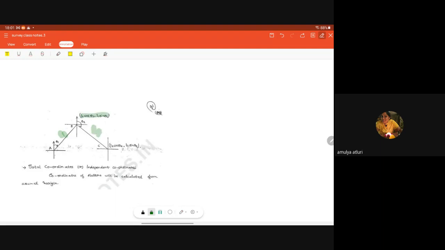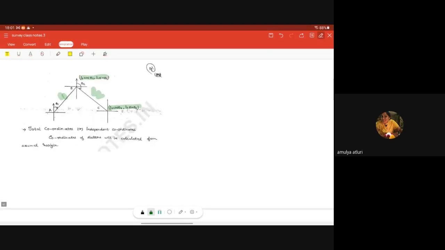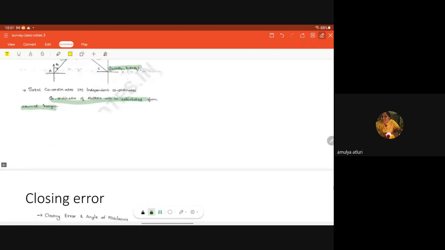If the length is L2, L2 cos theta 2, L2 sin theta 2. These are the total coordinates or independent coordinates. These coordinates of stations will be calculated from the assumed origin. Got it?